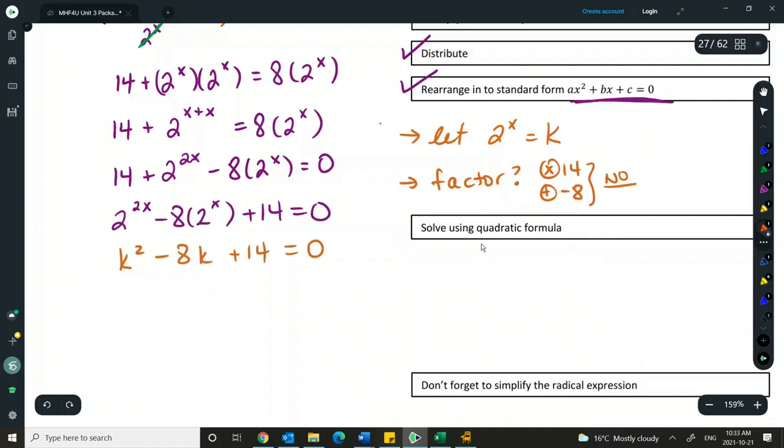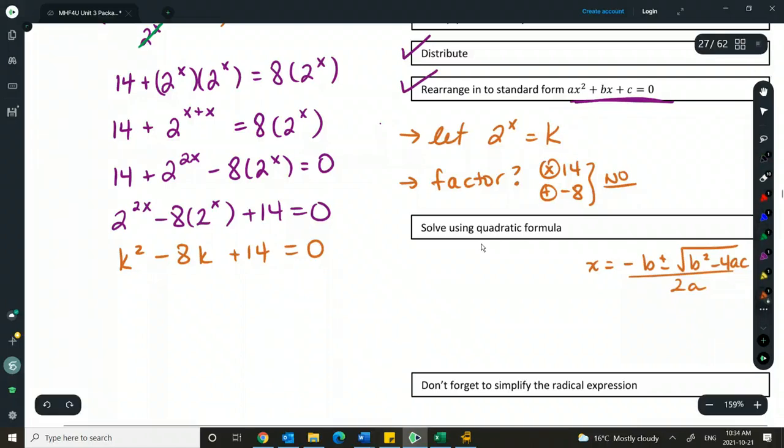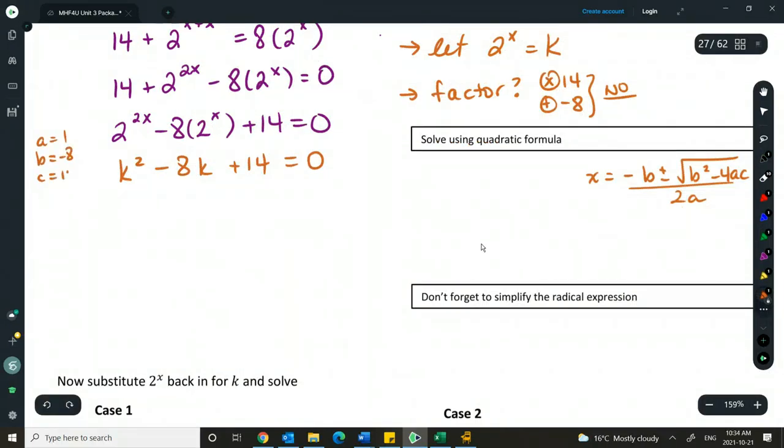So just as a reminder, quadratic formula is x equals negative b plus or minus the square root of b squared minus 4ac, over 2a. And in this case, we'll actually use k, right? Because we have k as the variable in our question. So a is equal to 1, b is equal to negative 8, c is equal to 14.